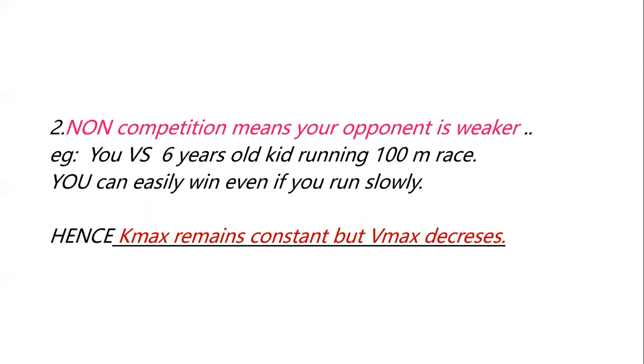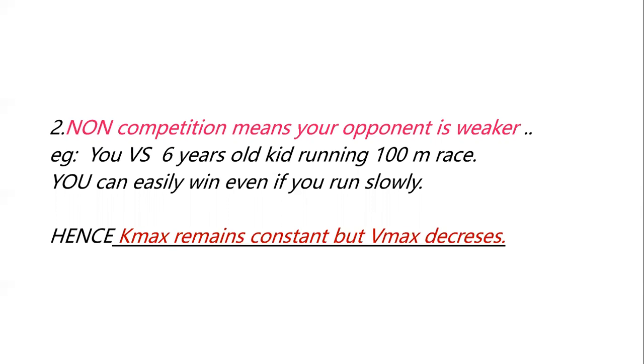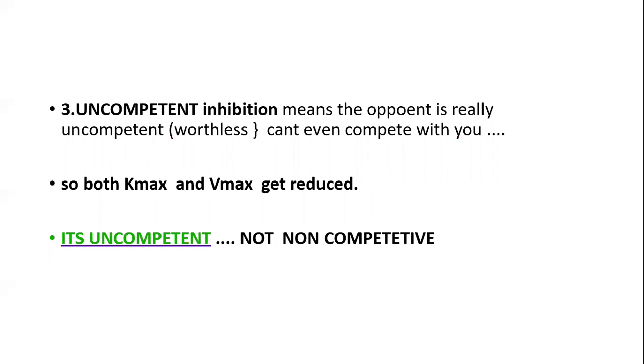Km remains constant because it's a 100-meter race, but even if I run slowly I'm going to defeat the opponent because he is weaker, non-competitive. But the third one, uncompetitive, such a worthless opponent that both Km and Vmax get reduced. The mistake you can make is confusing non-competitive versus uncompetitive. Uncompetitive means such a worthless opponent, both Km and Vmax get reduced, right?